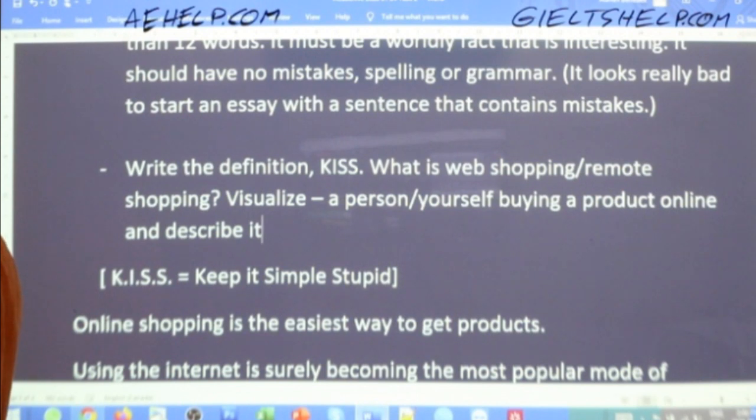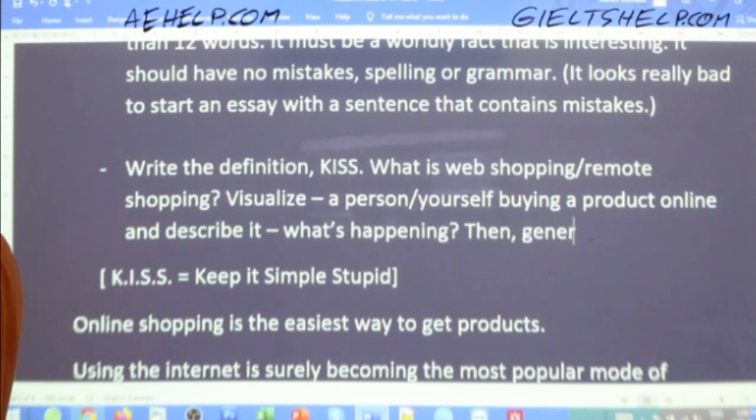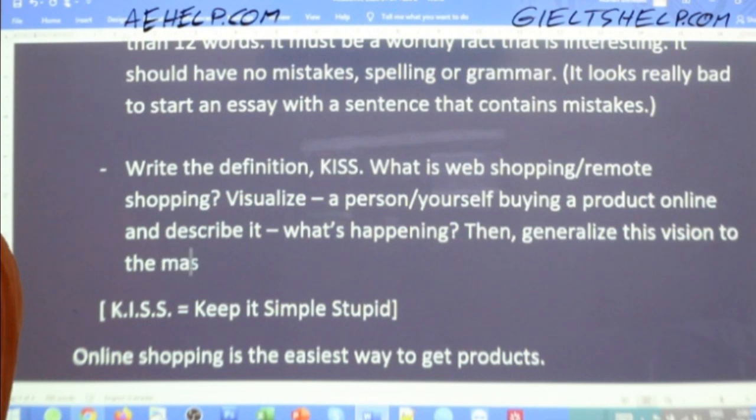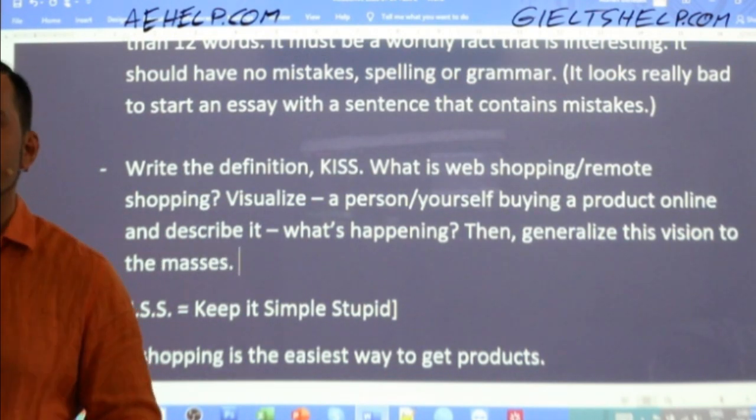What's happening? Then generalize this, okay? We're writing a third person essay here. I hope most of you recognize that. So generalize this vision to the masses, okay? So to the larger population, all right?